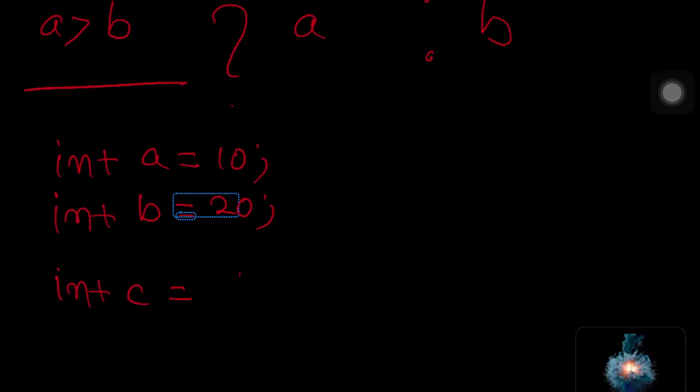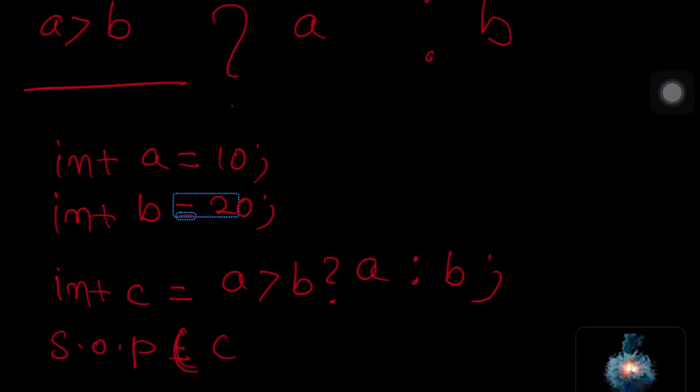So I write like this: A is greater than B, question mark, then return A, otherwise return B. Now if I print C, what output will we get?